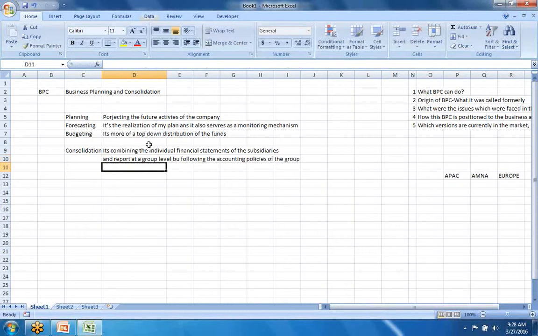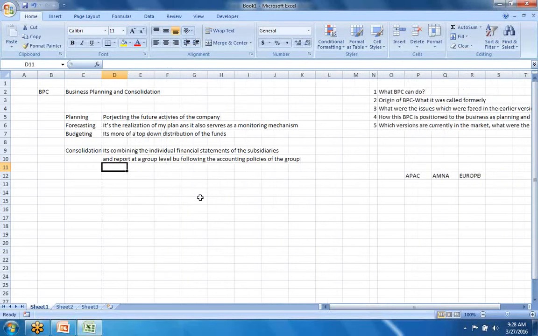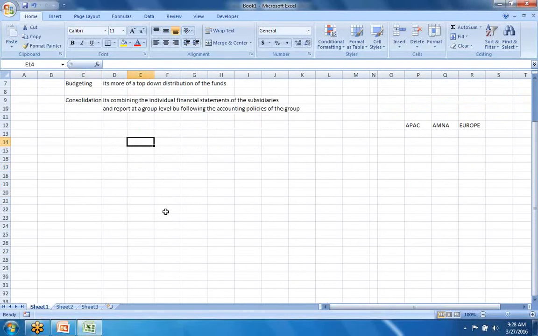Let us try to understand it much more clearly. In simpler terms, it's a combination. It's combining the individual financial statements of the subsidiaries, which they produce at the end of the year, and reporting at a group level by following the accounting policies of the group. Let us assume I have a company which is based out of USA and it's running the business throughout the globe with its subsidiaries.